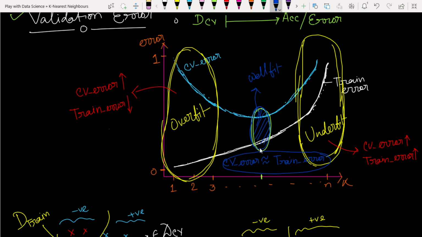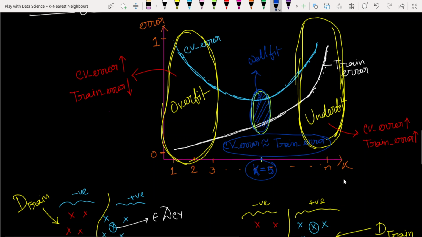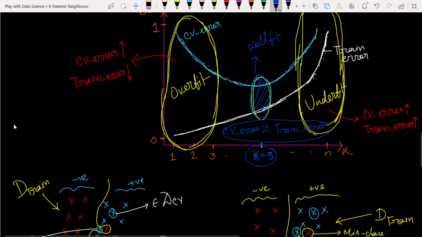Suppose we take k equal to 5. When k is equal to 1, we have seen that our model is an overfit model.